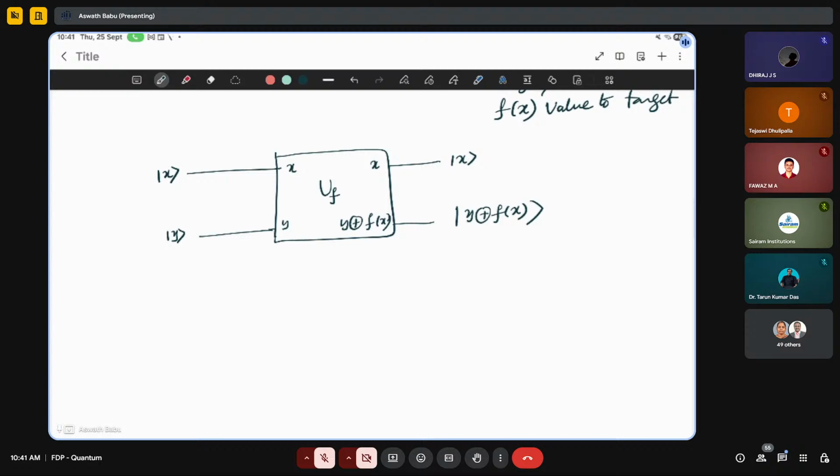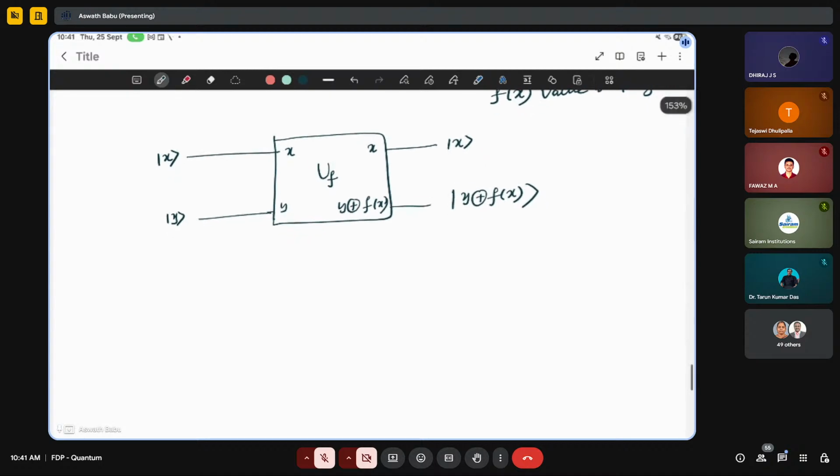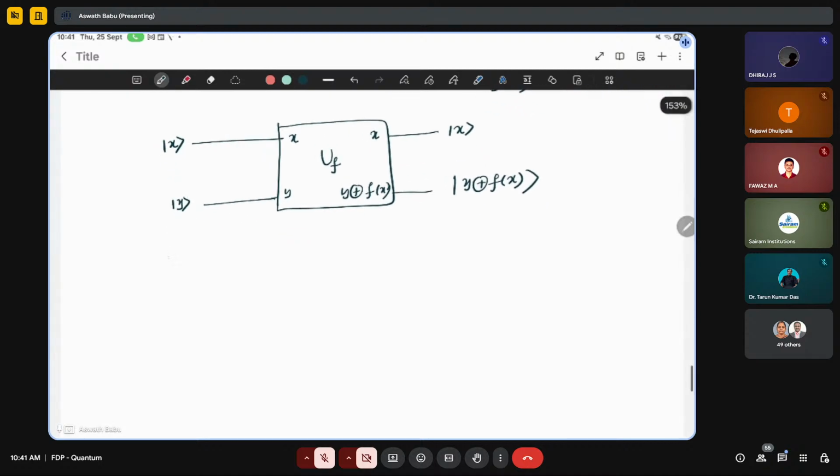Now if you carefully see, what happens if I send x equal to 0? If I send x equal to 0, 0 comes out as it is, and let's take y also equal to 0.